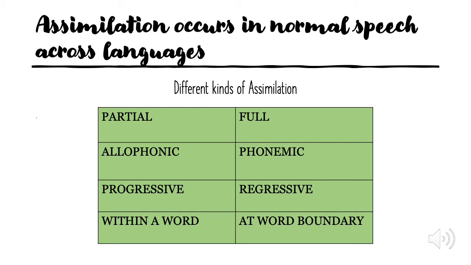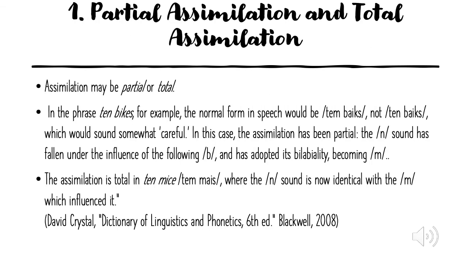And we also need to realize, as you would have observed in the previous slide, that assimilation can sometimes be within a word, or it can be at a word boundary, that is, in between two words in a phrase. So let us now take a look at the first of these divisions. That would be between partial and full or total assimilation.